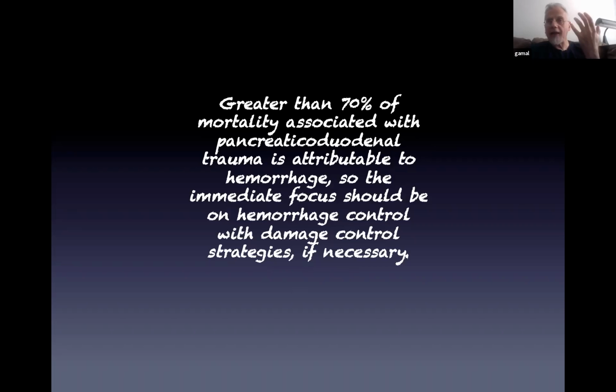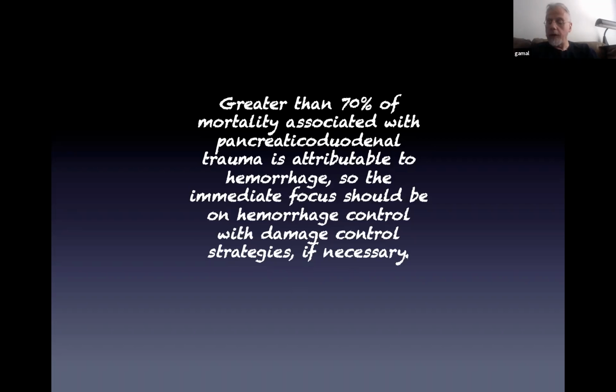These are the challenges that we have with these kinds of duodenal and pancreatic injuries. The majority of mortality here, not surprising, is due to hemorrhage. See what's around you: IVC, portal vein, SMA, SMV, aorta. It's a very crowded area.